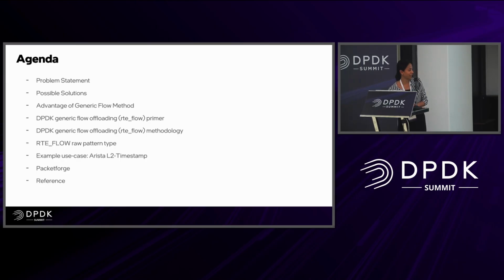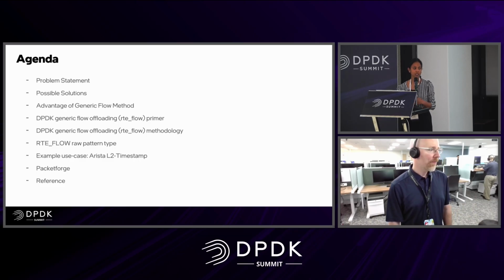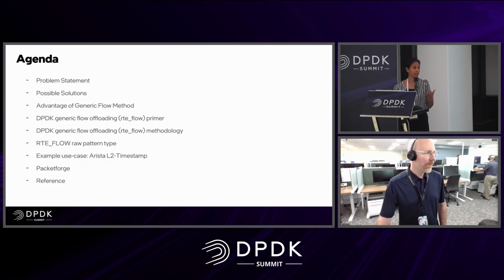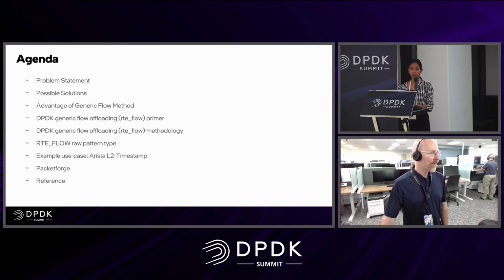So we have a full agenda. We will be talking about the problem statement, which will be mainly what Lucas has already talked about in his presentation. I think we should have collaborated for our presentation, Lucas. We will talk about the problems we faced with the Ethernet adapter, and then some of the possible solutions. One possible solution is what Lucas has already talked about, that is SmartNICs.